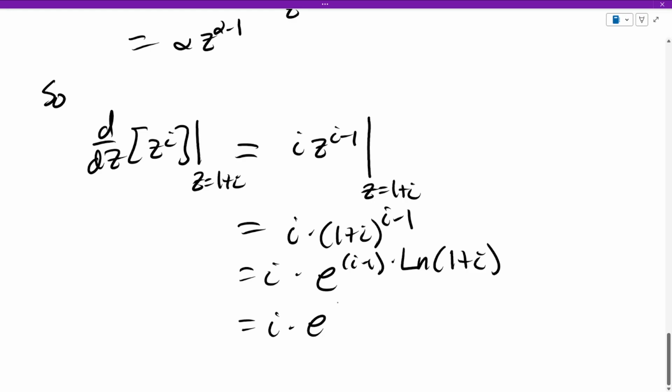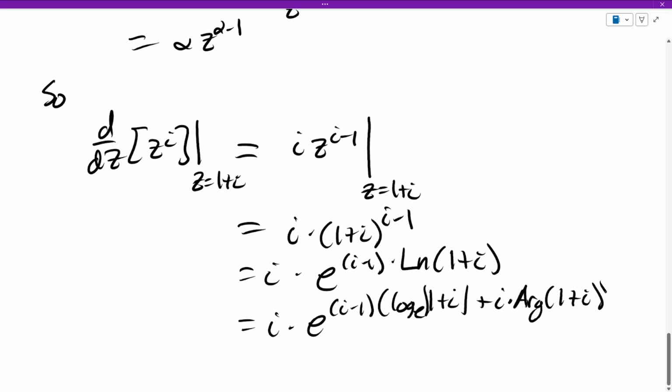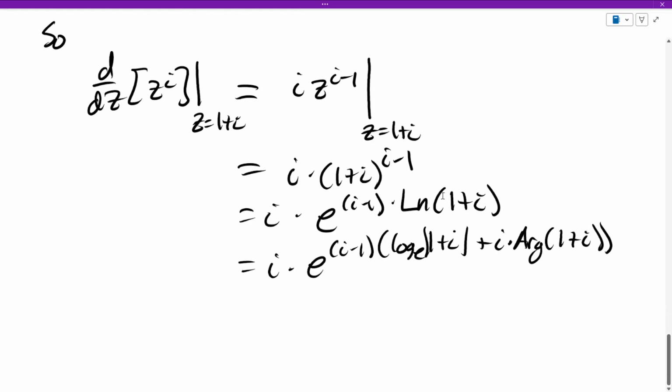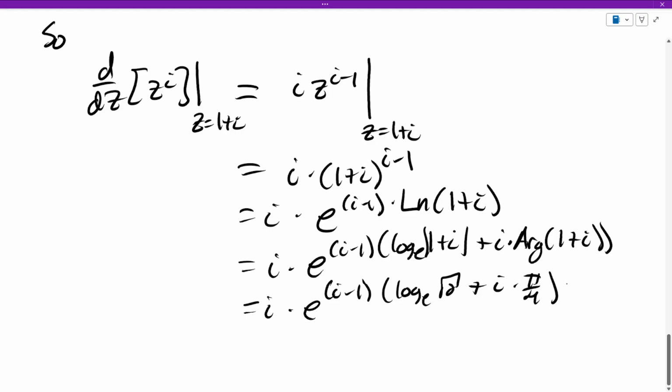So that's i times e to the i minus 1 times log base e of the modulus of 1 plus i, something we've already seen before, plus i times the principal argument of 1 plus i, again something we've already seen before. And so that's i times e to the i minus 1 times log base e root 2 plus i times pi fourths. And now we have to multiply it all out, which I will do.